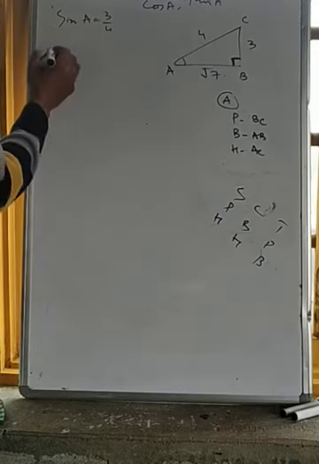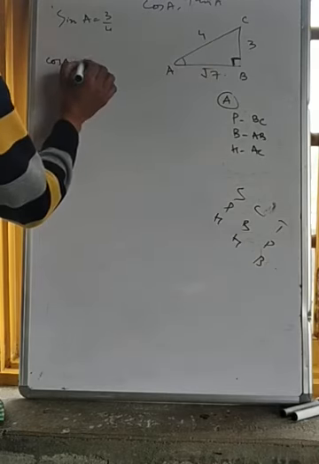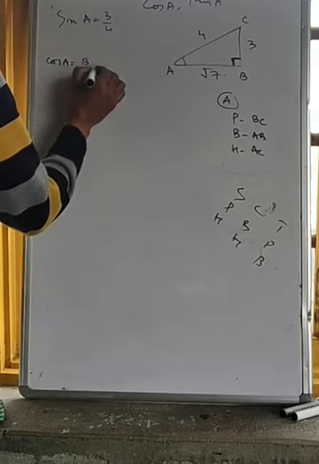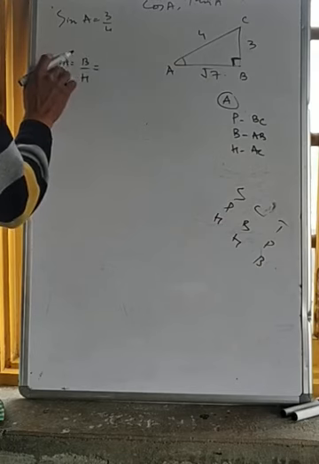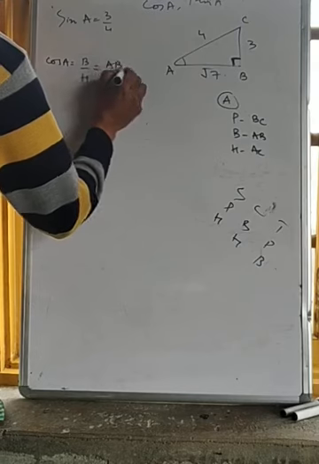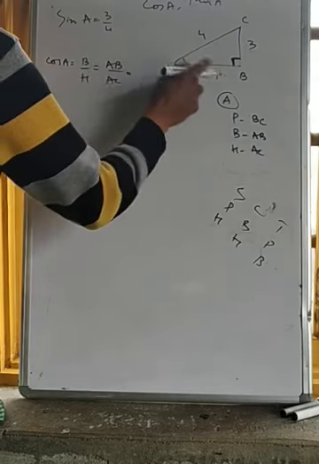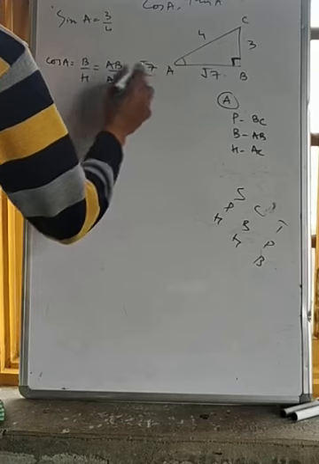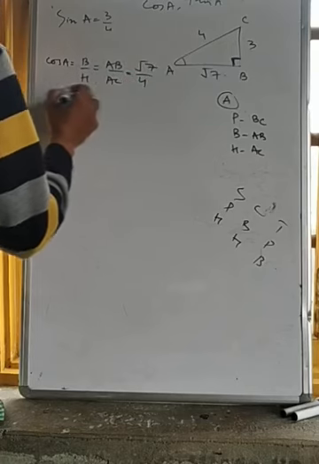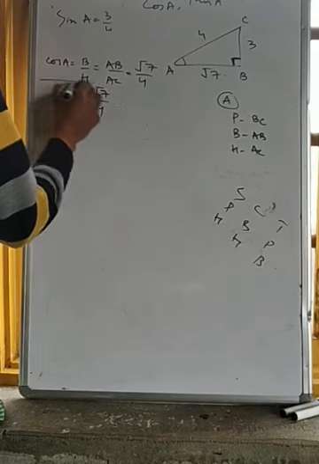We are asked to find cos A. Cos is equal to base divided by hypotenuse, and base at the time of angle A is equal to AB, and hypotenuse at the time of angle A is equal to AC. AB here is root 7 and AC here is 4. So cos A is equal to root 7 divided by 4.